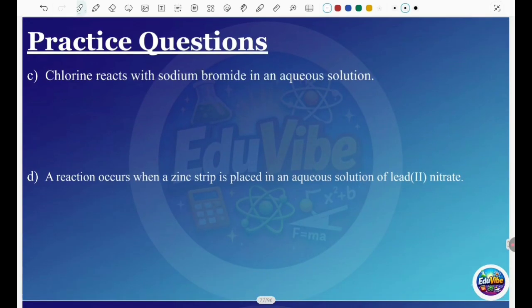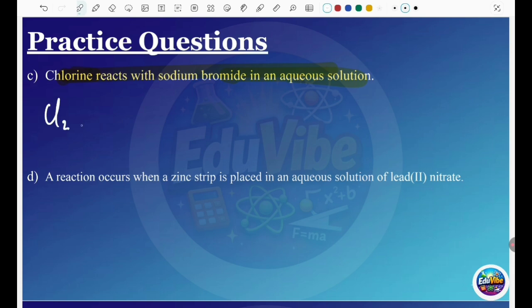Next we have chlorine gas reacts with sodium bromide in an aqueous solution. So this is kind of a double displacement, because we have one aqueous solution and we have chlorine also. No, this is single. No, single. This is a single replacement.